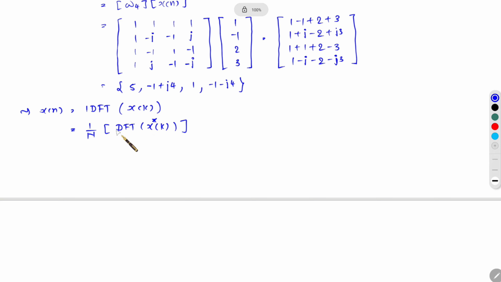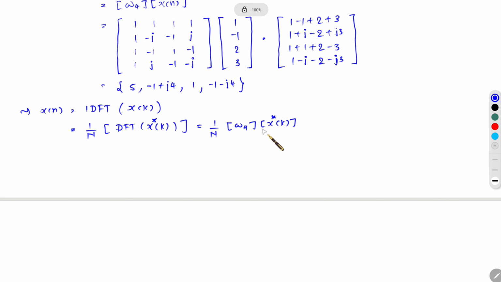That is how we will calculate this. And based on matrix multiplication, if you have 4 points over here, then it is better to use matrix multiplication. So here what we will do is calculate 1 by n and this DFT of the conjugate, that will be the weightage matrix into the conjugate of x of k. Here do not forget the conjugate of x of k.